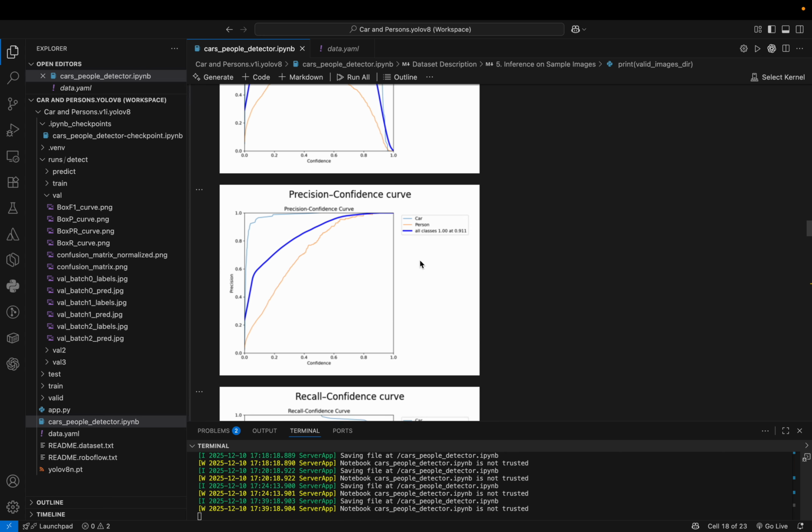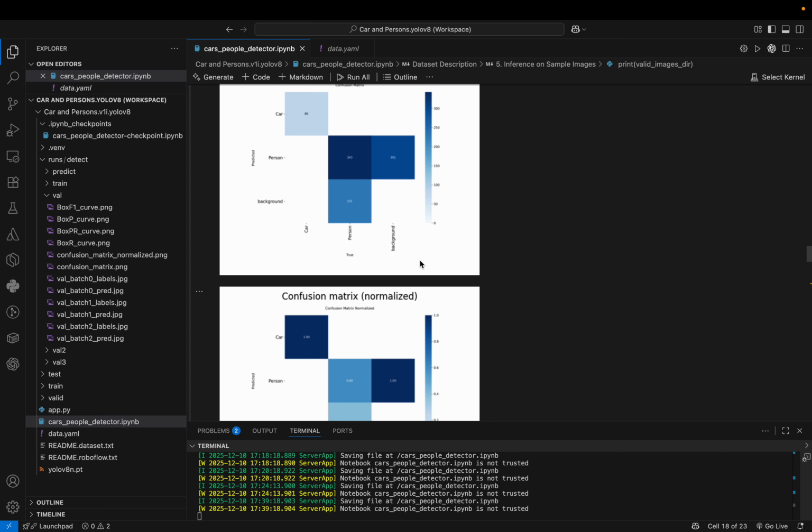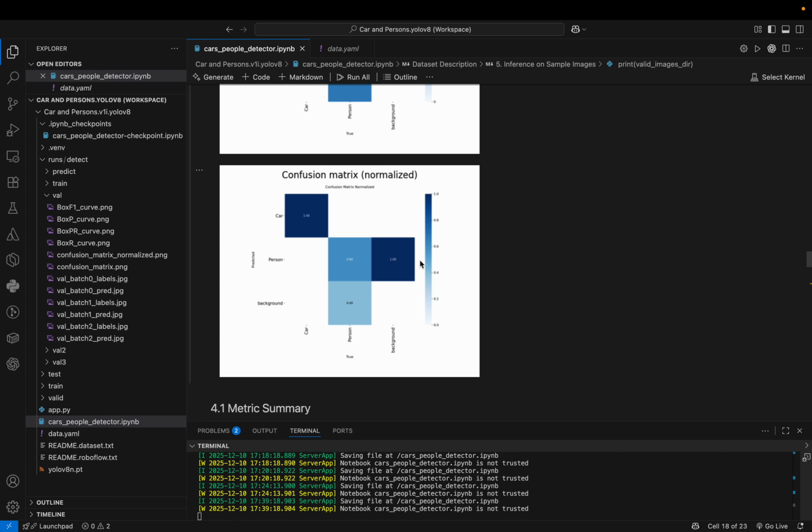I also analyzed the confusion matrix to understand which classes were most often missed. The person class was mostly missed. It fell under the background, which is missed images.